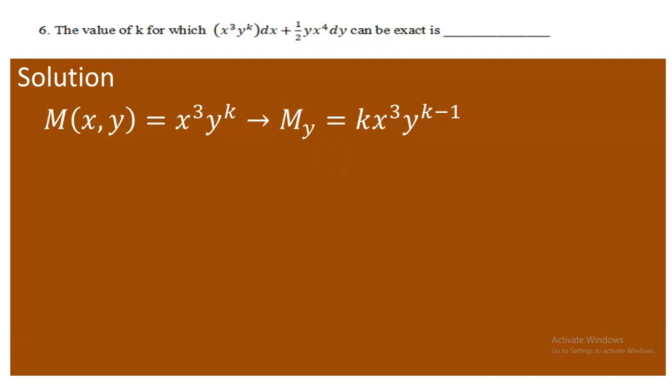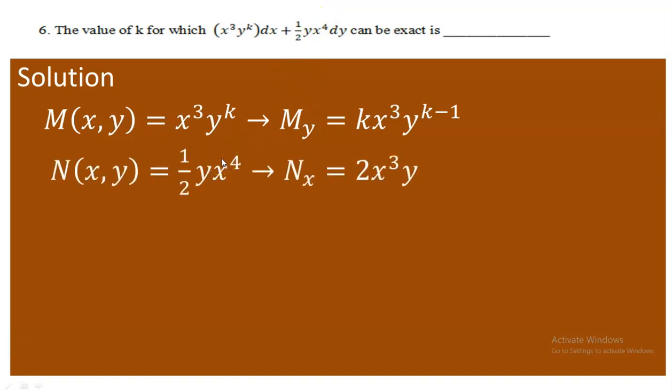And your N of x,y is the coefficient of dy, which actually is 1 over 2 y x to the power of 4. So the partial derivative of N with respect to x, you need to bring 4 down, 4 over 2, which actually is 2. y is kept as it is, and deduct 1 from 4, you will have x cubed here, so this is going to be 2x cubed y.